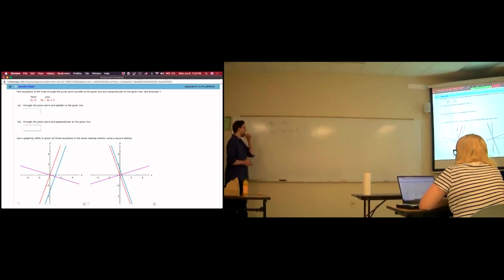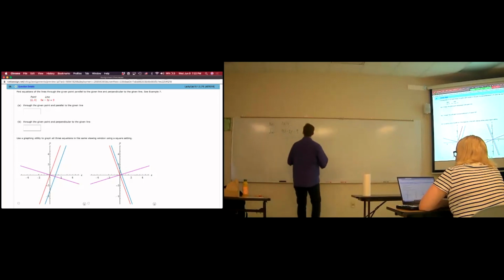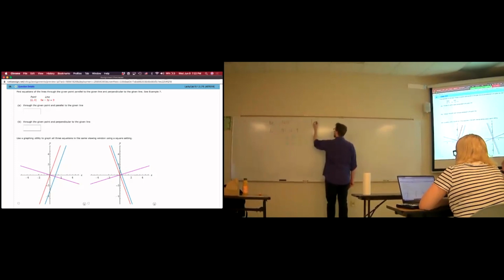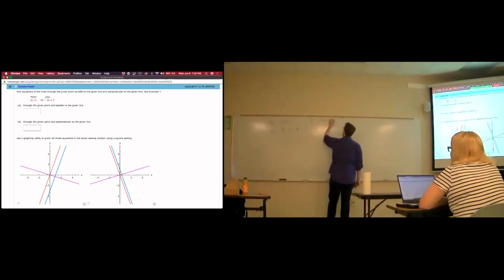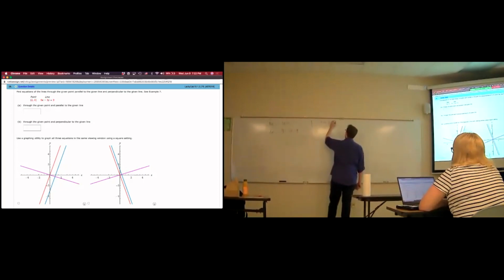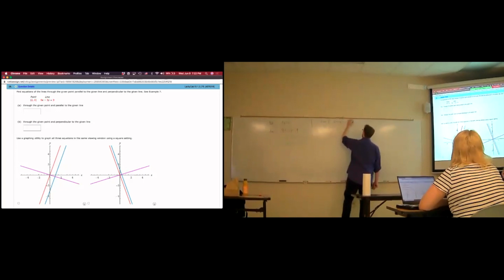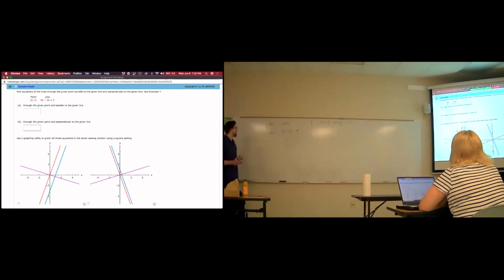All right. What we want now is the line that's parallel and through the point 2, 0.